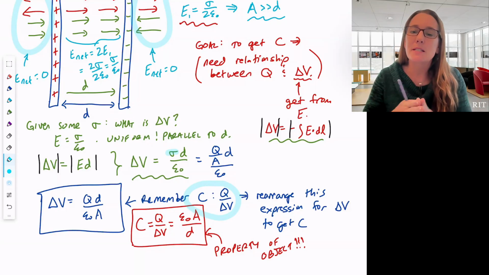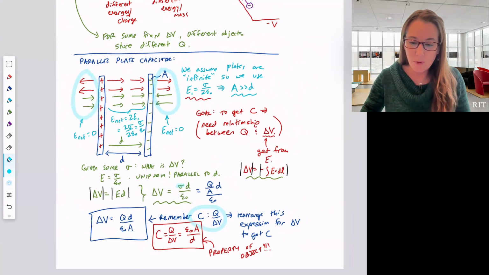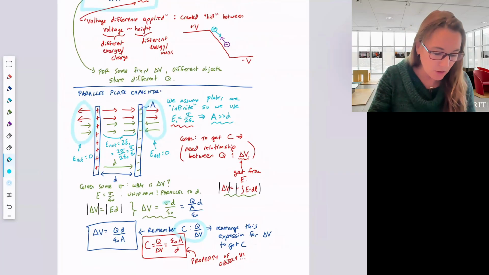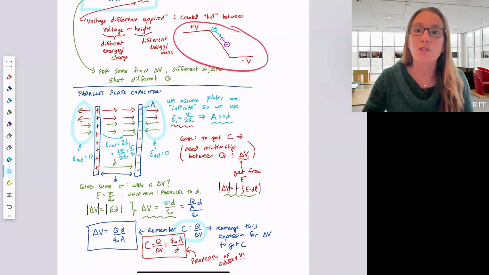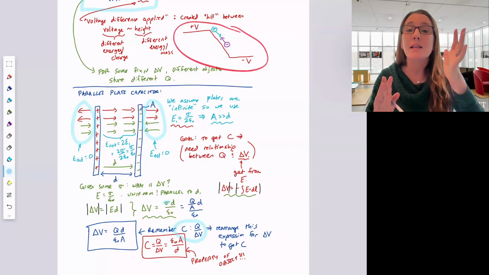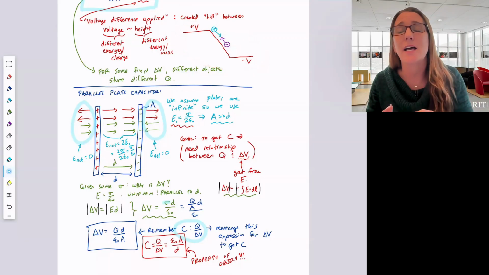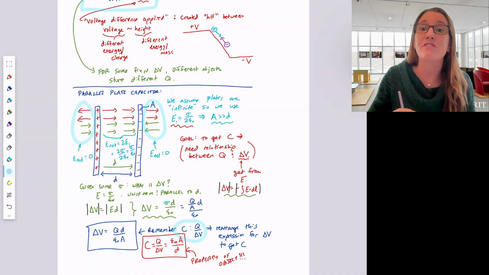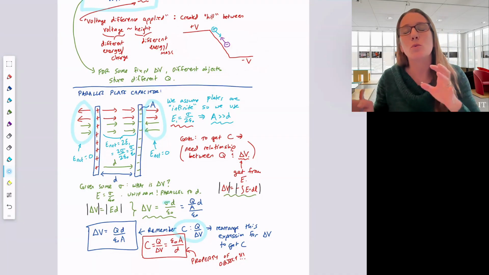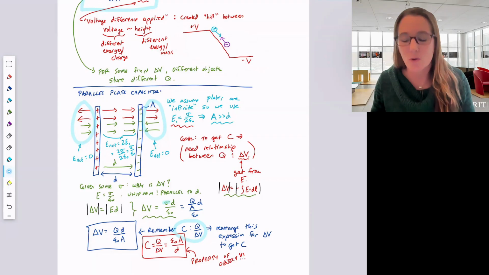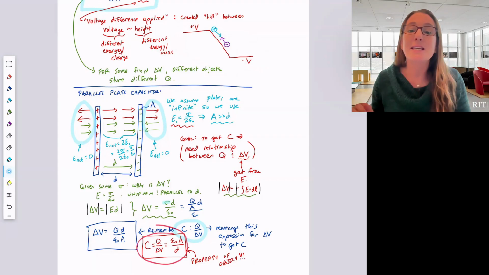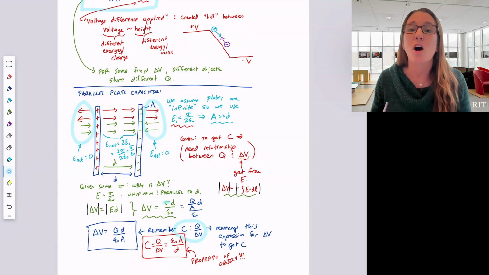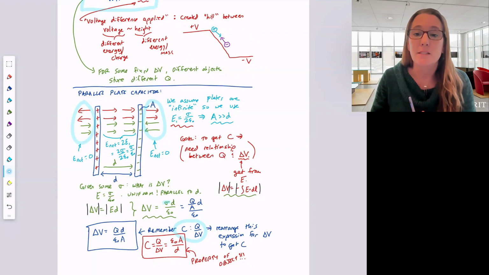If we zoom out at this whole picture, how steep my hill is dictates how much charge I get. So the charge depends on the hill; Q depends on V. When you find that relationship between Q and V, they cancel out, and you end up with something independent of Q or V. So it is a property of the object, and it depends on the geometry of the object itself.